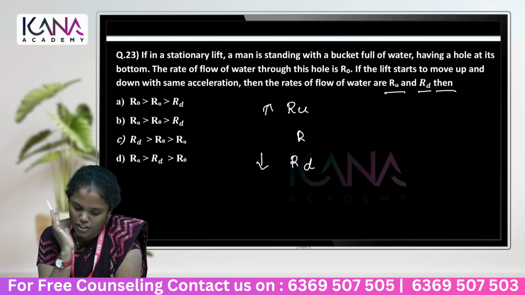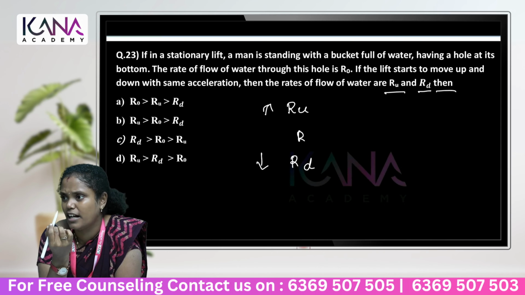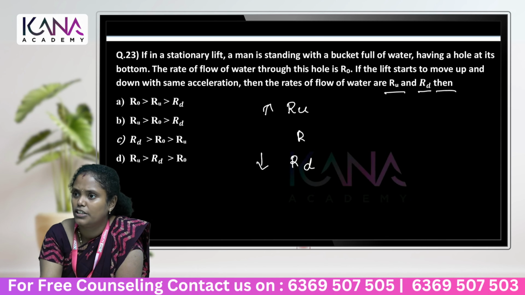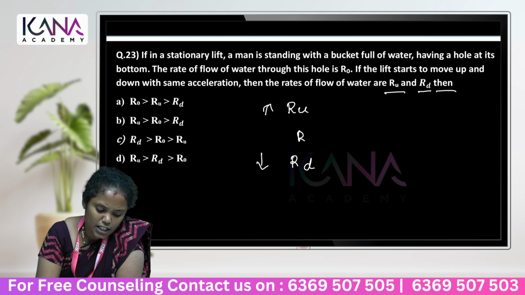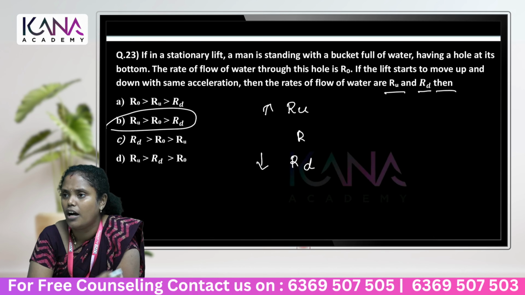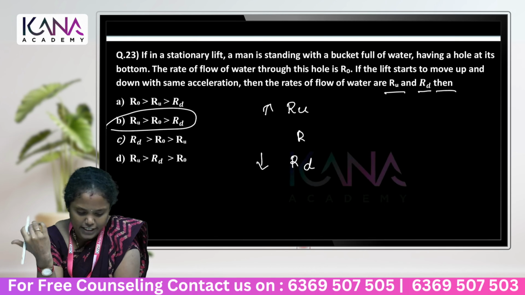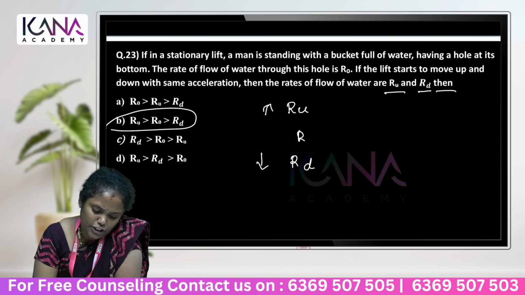Second option. So initially the lift is at rest, and it has a hole at the bottom. When it starts moving upward and downward, how does it change? The apparent acceleration due to gravity is maximum when it is going upwards, and minimum when it is going downwards. So the rate of flow is maximum going up, and minimum when accelerating downwards.